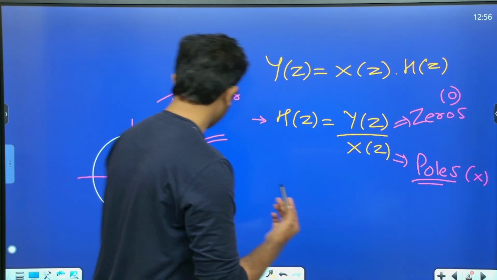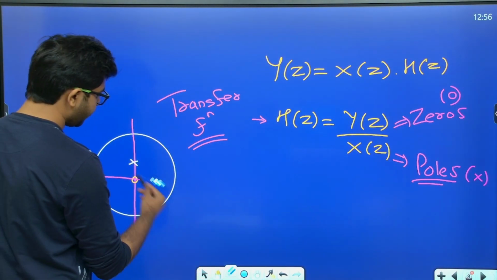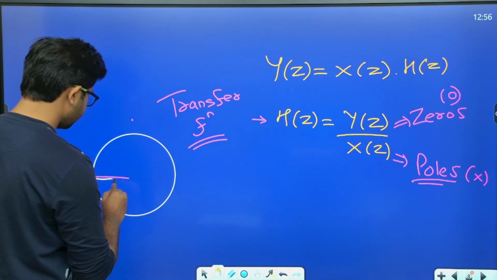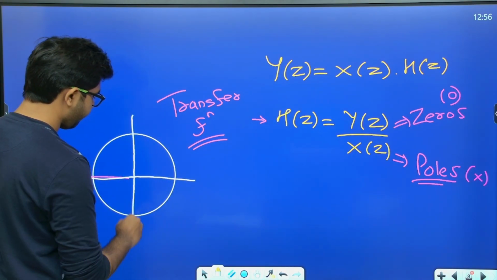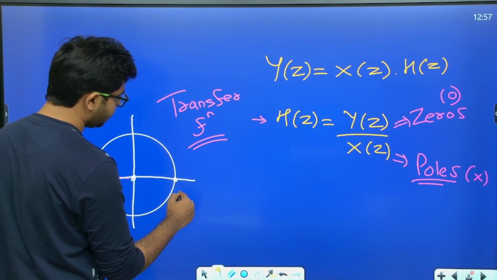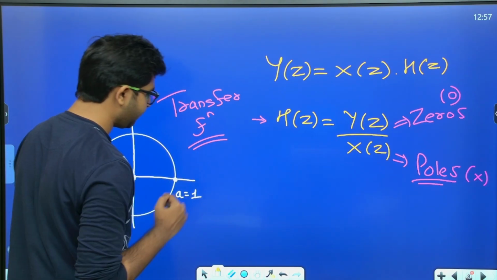If I am having any unit circle, let us consider it here. I am having this circle, and let's say this is A equal to 1, the unit circle I am considering.